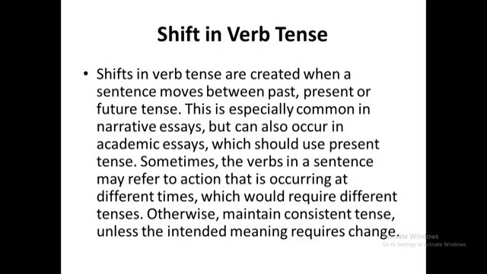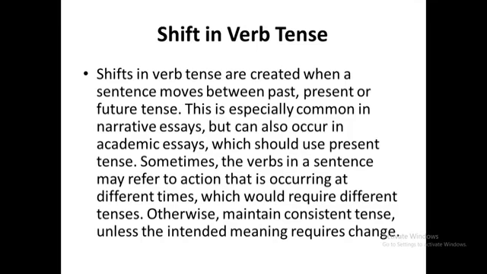So now we'll see shifts in verb tense. Shifts in verb tense are created when a sentence moves between past, present or future tense. Obviously, tense moves around, and you have to deal with these things. This is especially common in narrative essays, but can also occur in academic essays which should use present tense.